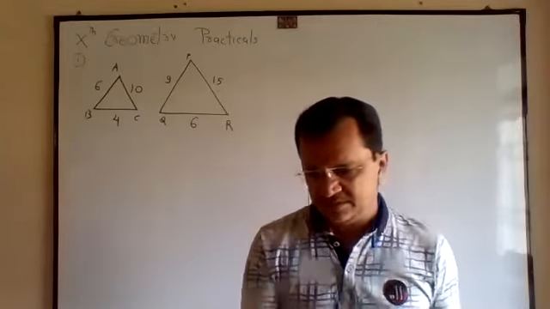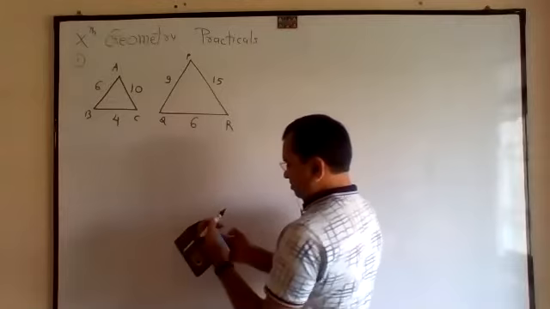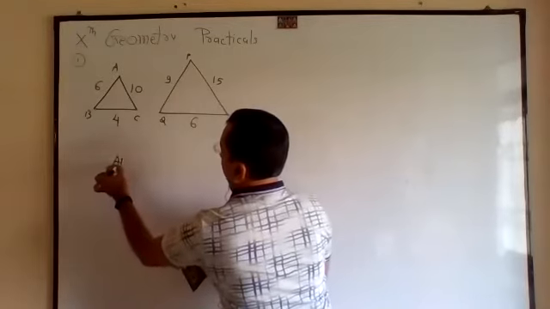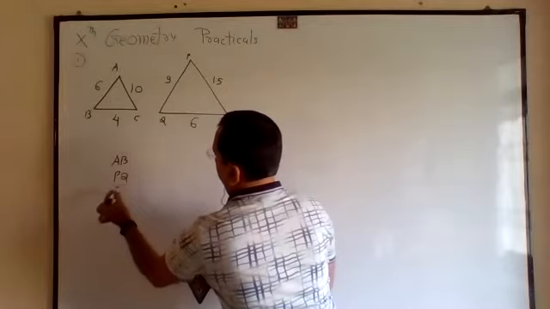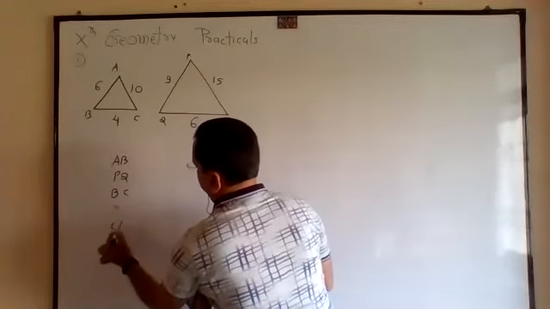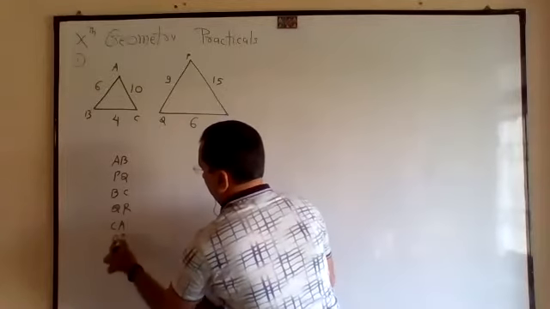Now, table number 1, measurement of sides. So AB, BC, CA, PQ, QR, RP.